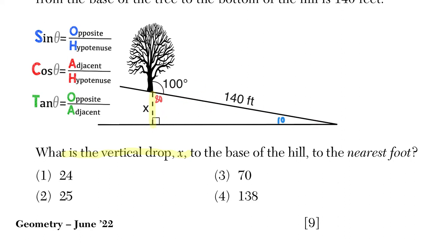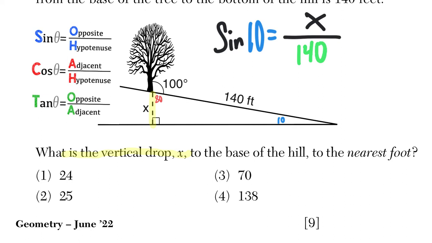So let's set this up. It's going to be sine of 10 equals what over what? When we use this handy dandy chart, it's going to be opposite over hypotenuse. So it's going to be x over 140.